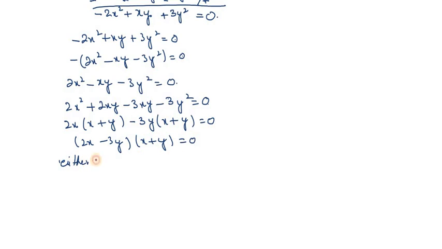Either 2x minus 3y is equals to 0 or x plus y is equal to 0. So here we get two equations.